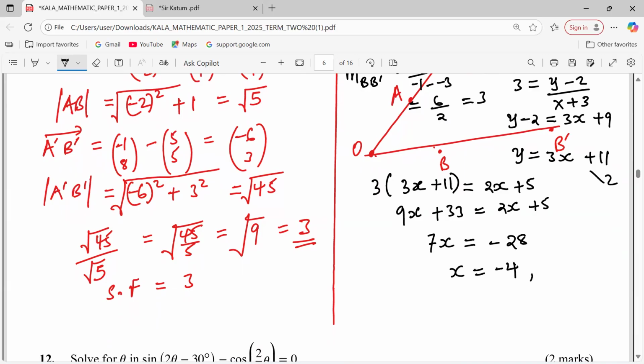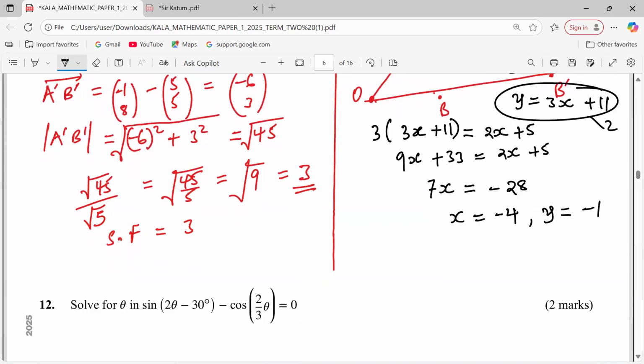If the value of x is -4, then y shall be 3x plus 11, so 3 into -4 plus 11. This gives us -1. So we can talk about the center of this particular enlargement as coordinate -4, -1.